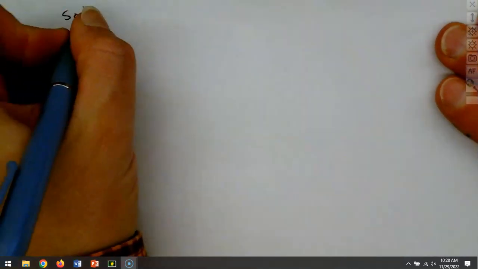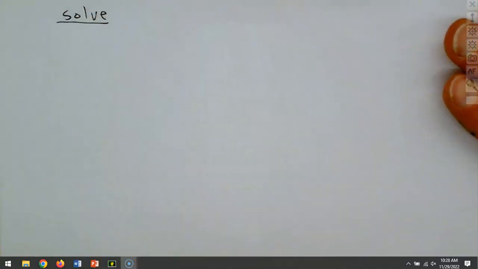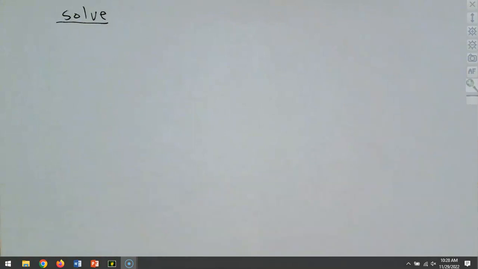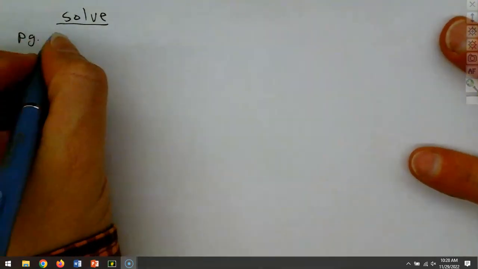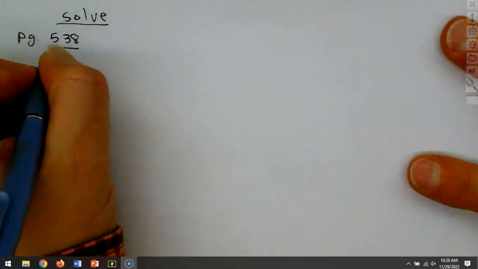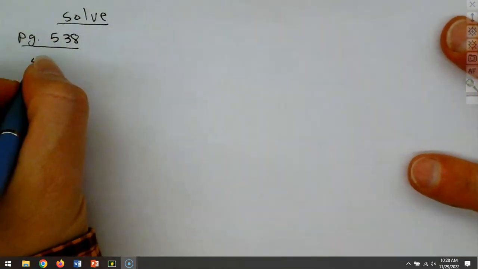So we're going to solve here. I will pick one of these from our textbook to look at. Let me try to find a pretty easy one. We'll start off with question 47. So this is on page 538, and we're going to look at question 47.